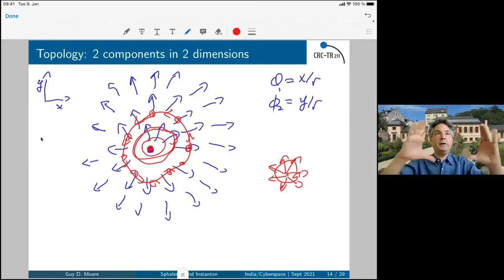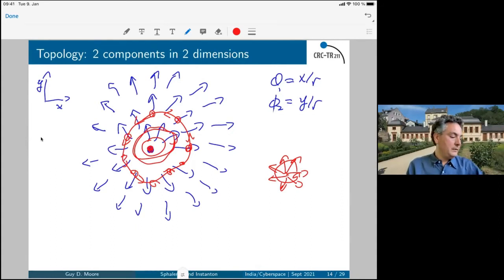And so I can shrink the loop down to 0, and I reach a contradiction if I can shrink the loop down to 0, because this always changes by 360 degrees, and a continuous field can't change by 360 degrees around a point of 0 size. So either at some point as I'm shrinking this loop, I cross a singularity, or I'm shrinking this loop onto a singularity, but there has to be a singularity somewhere in the middle.